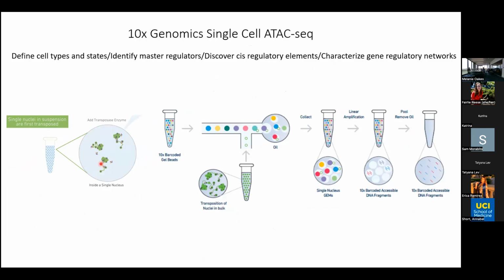Before it goes into this cartridge, we use a transposase, which goes in and will only cut open areas of the chromatin, and it adds a sequence that's specific for that transposase. Then we take it through the rest of the emulsion, and we sequence it. Instead of gene expression, we're looking at open regions of DNA in this particular protocol.